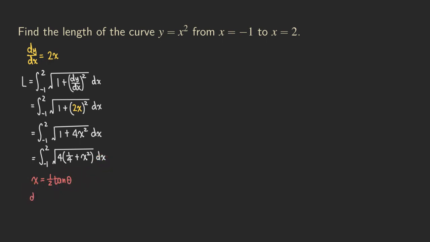So we are going to get dx is equal to 1 over 2 secant squared theta d theta. Okay. And also, it would be a good idea to rewrite this one so that 2x is equal to tangent theta, because we may need that information later on, depending on the situation. We may or may not need that information.